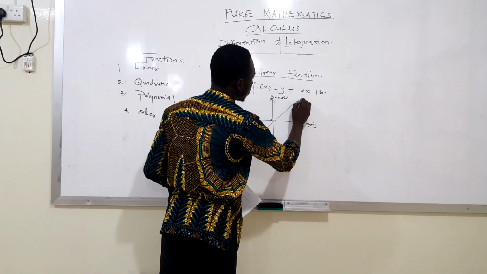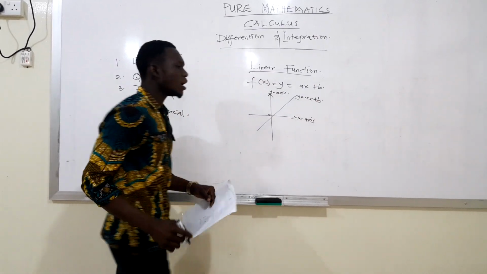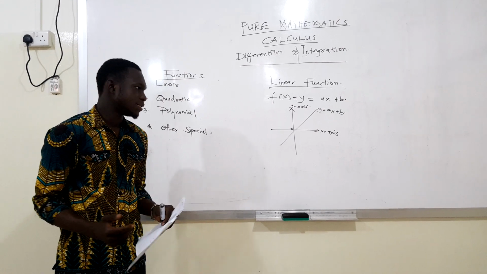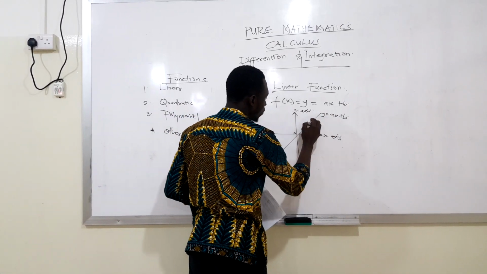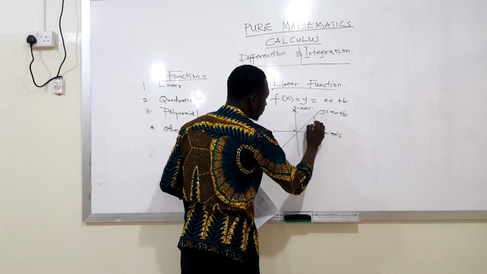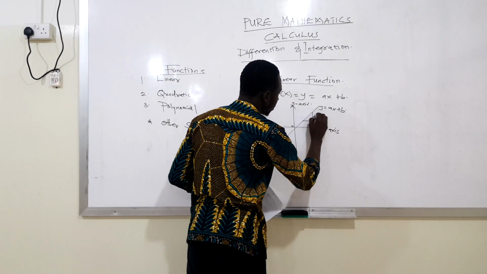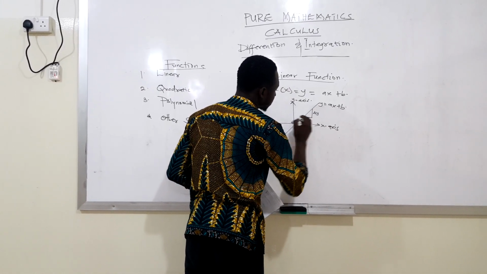So here is my y, which is equal to ax plus what? b. And I said earlier, our b is the intercept, whereas our a is the gradient. So our a is simply the change in y over the change in what? x.